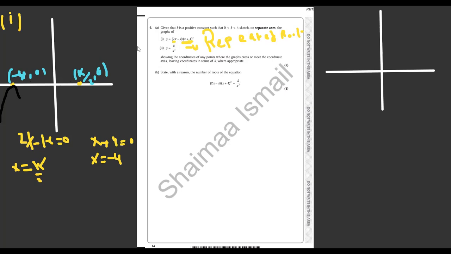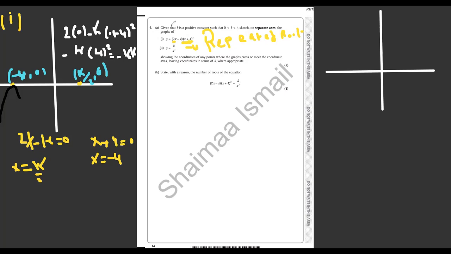So if we make the x equal to 0, it would be 2 multiplied by 0 minus k, multiplying by 0 plus 4 squared, which equals k multiplied by 4 squared, which equals minus k, equal to negative 16k.